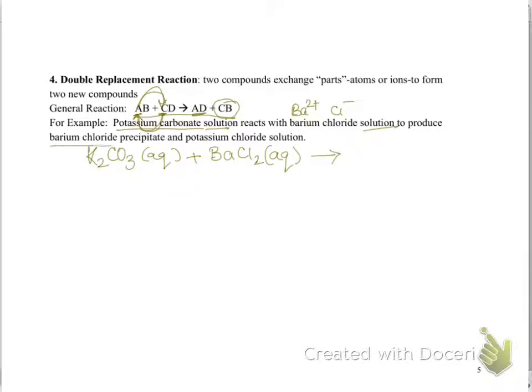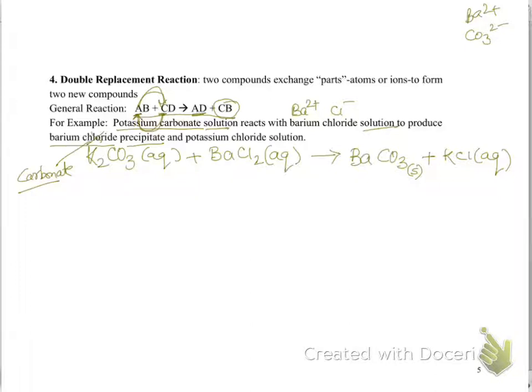To produce barium, okay, this is wrong. This should be barium carbonate. Barium carbonate: Ba has 2 plus, carbonate has 2 negative, so BaCO3, plus precipitate means solid, plus KCl.